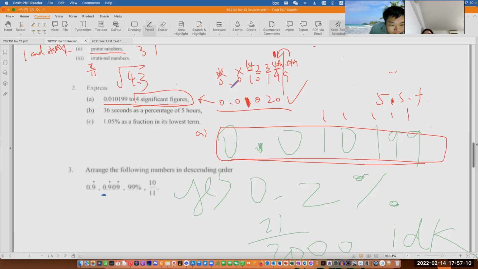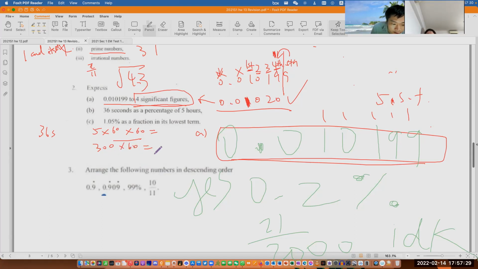Next, 36 seconds is a percentage of 5 hours. You convert the hours first. Times 60, that is to minutes. Times 60 again, that is to seconds. So this is 18000. I highly recommend you use a calculator if you are allowed to.